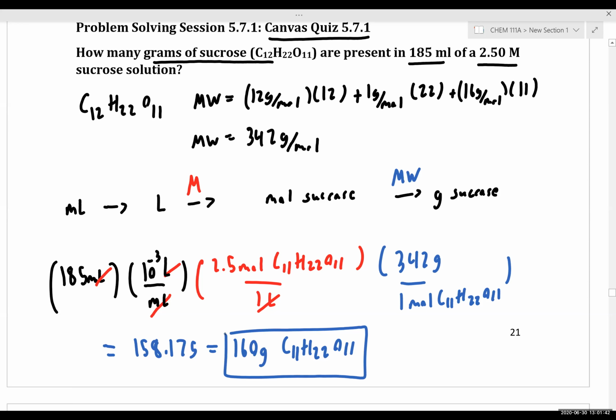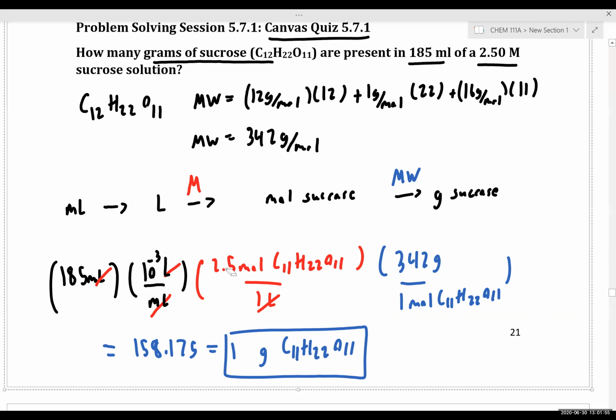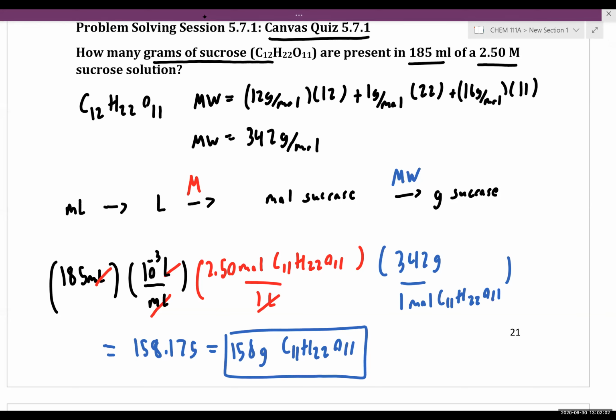Any questions on this example? Oh, no, it should stay as 158 since all of these inputs have 3 sig figs. Sorry about that. I wrote 2.50 as 2.5. Let me provide that correction just so that way we're respecting sig fig rules throughout our calculation.